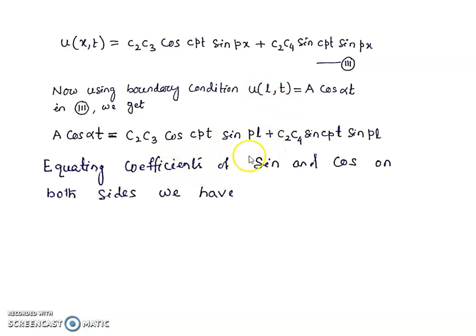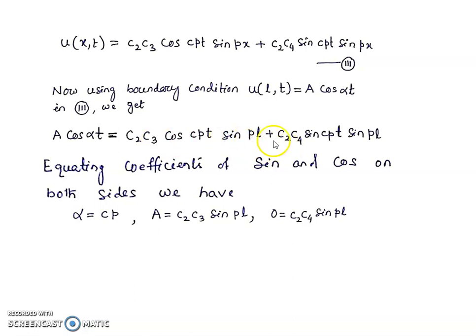Now equating coefficients of sine and cos on both sides of this equation, we have alpha is equal to cp and A is equal to c2 c3 sin pL.